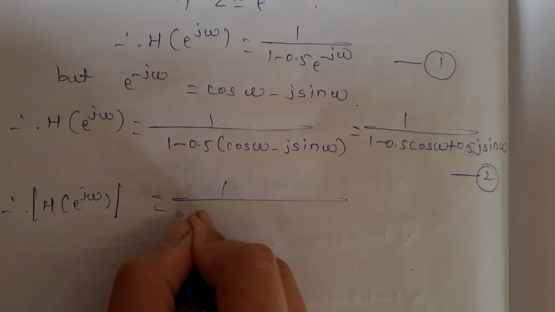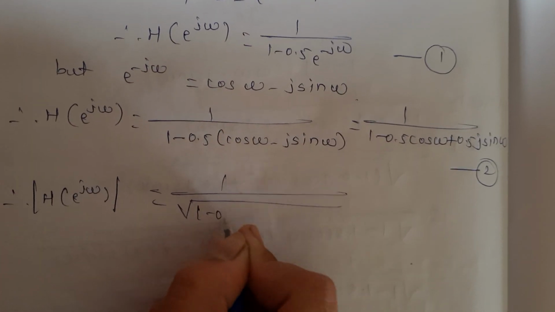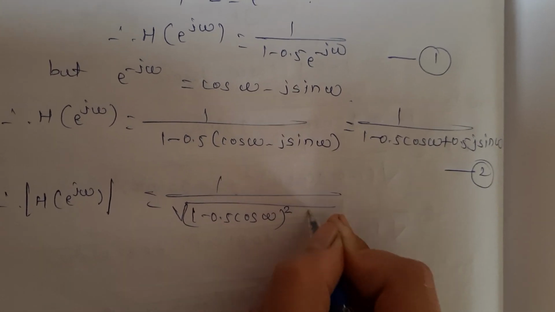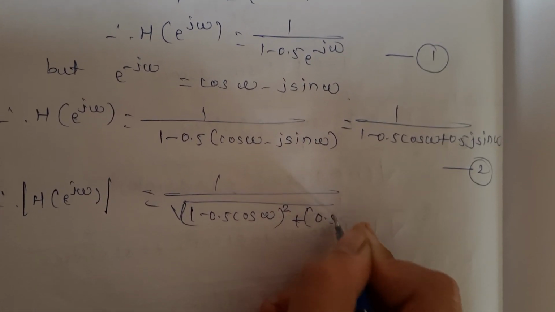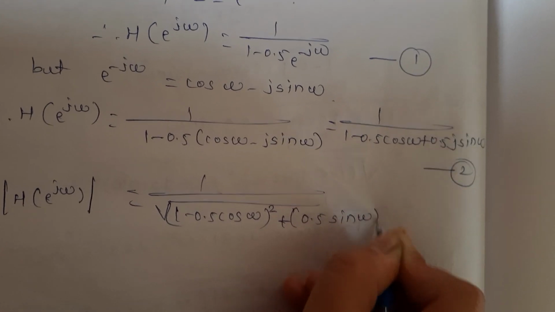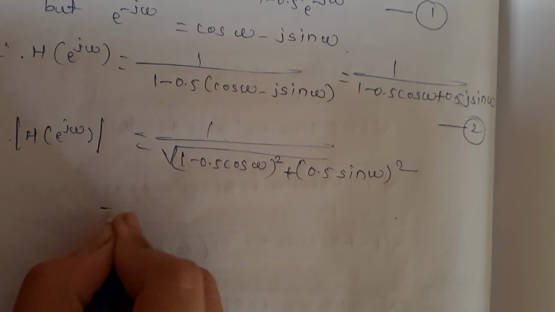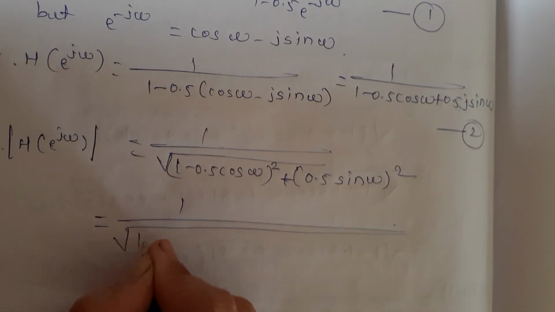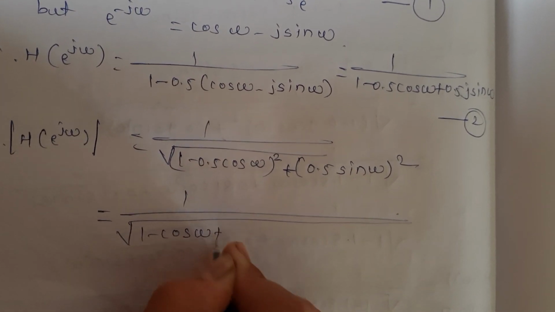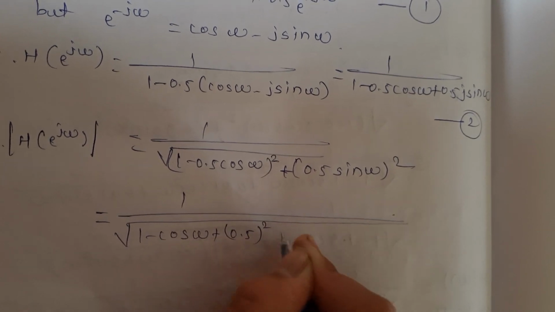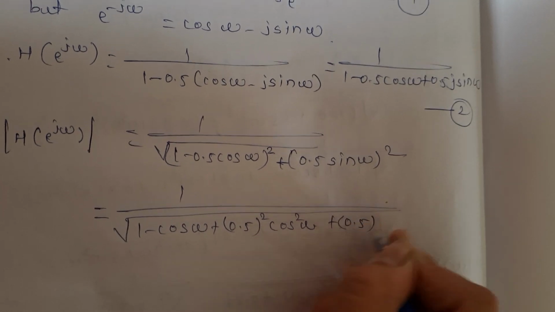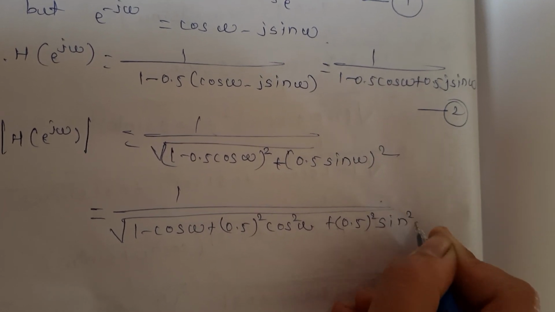So it is 1 divided by square root of (1 minus 0.5 cos omega) squared plus (0.5 sin omega) squared. It is again 1 minus cos omega plus 0.5 square cos square omega plus 0.5 square sin square omega.